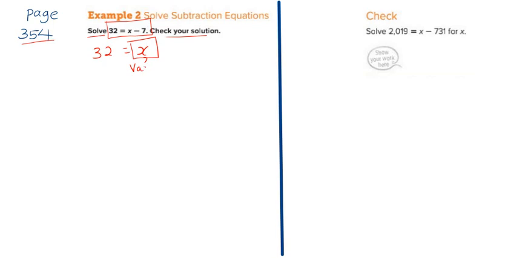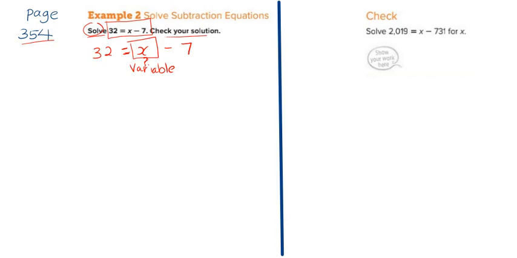We use a variable, which means a letter of the alphabet, to indicate something that we do not know. And solve means we need to find that missing variable. So we want to know 32 is equal to some number x minus 7. What is that missing number?